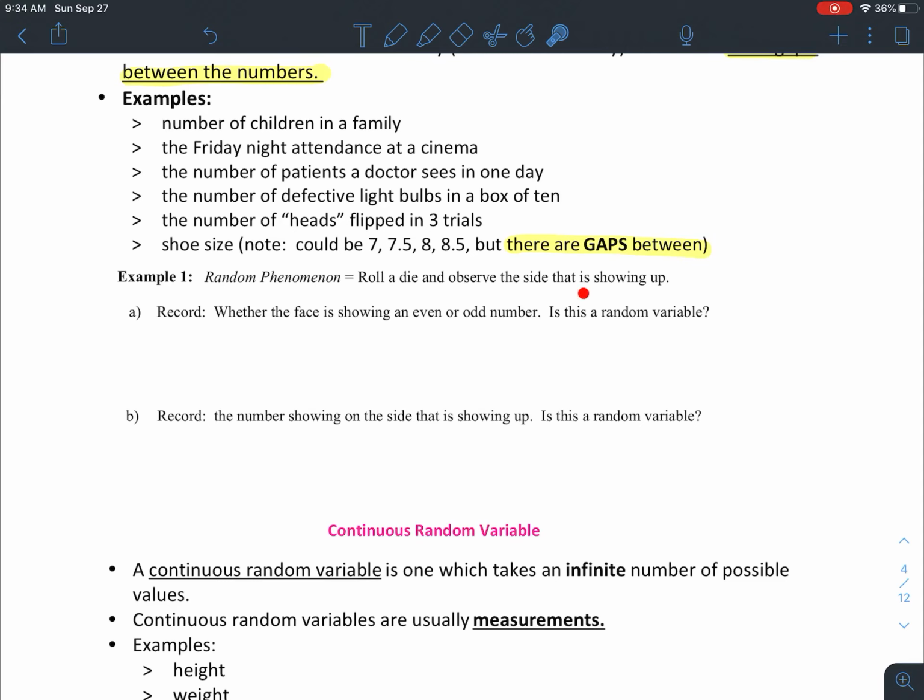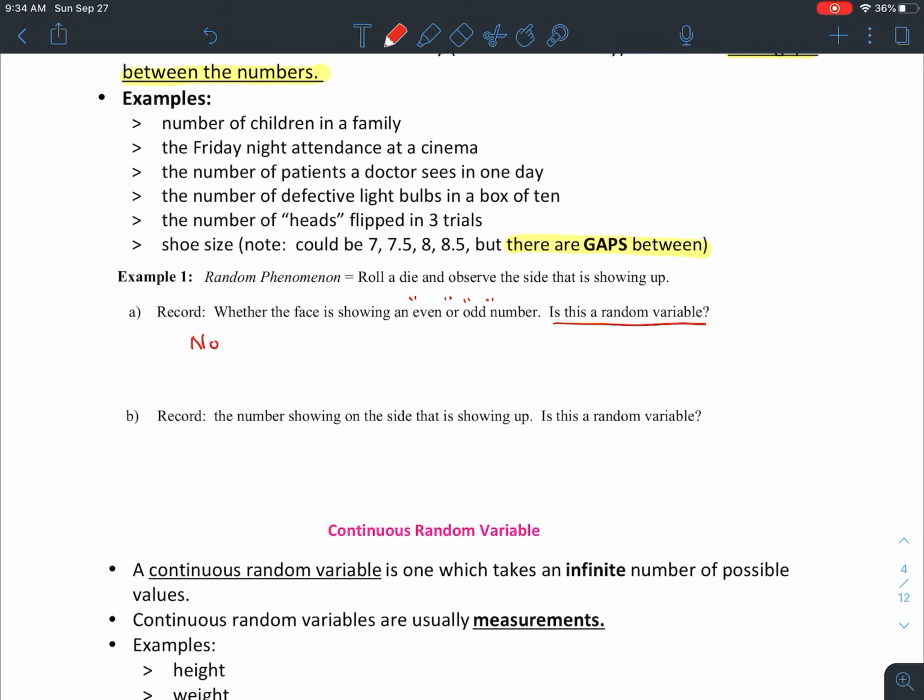Okay, let's look at some specific examples here. The random phenomenon that's happening in example 1 is that we roll a die, and then we're going to be observing the side of the die that is facing up. The task for part A is we would record whether the face is showing an even or an odd number.